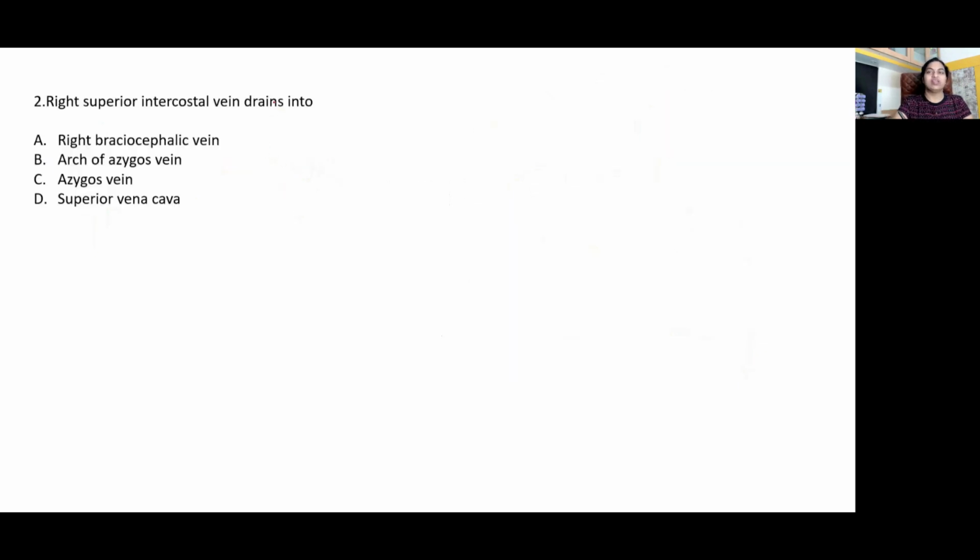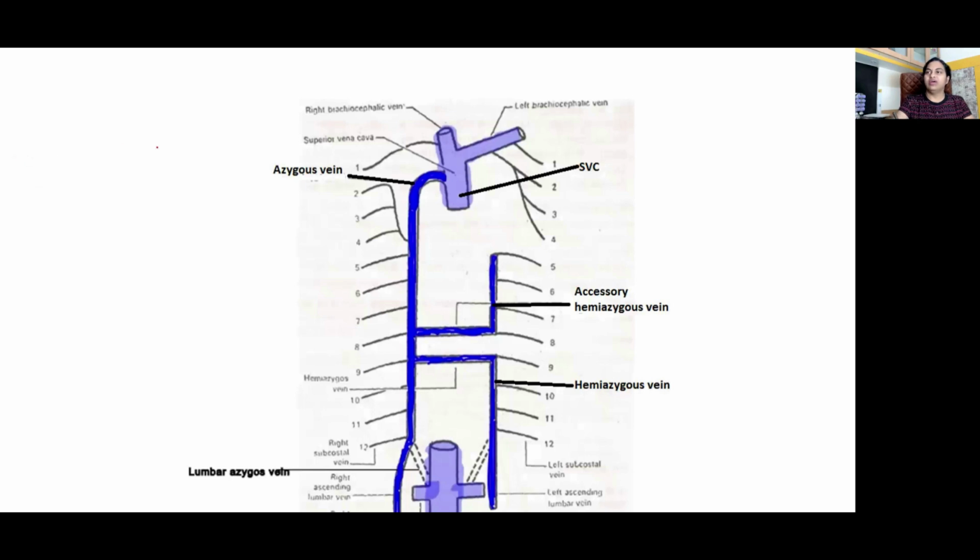Moving on to the second question, the right superior intercostal vein drains into, any idea? So here, the posterior intercostal veins on each side are 11, right?